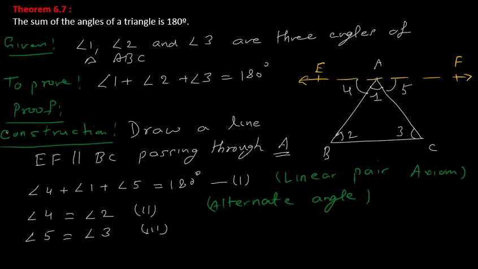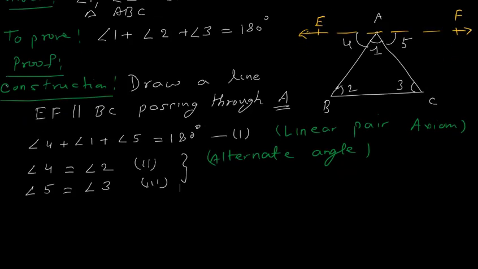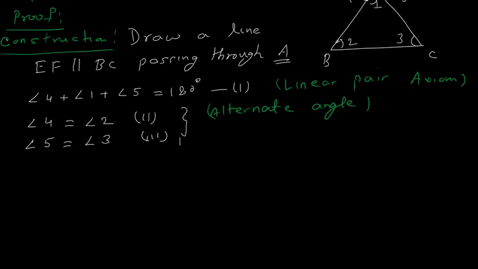Again the reason is the same. For both of these equations I will say that they are alternate angles. As both are alternate angles, in place of giving equation 2 and equation 3, I can give them a common equation. This is equation 2.